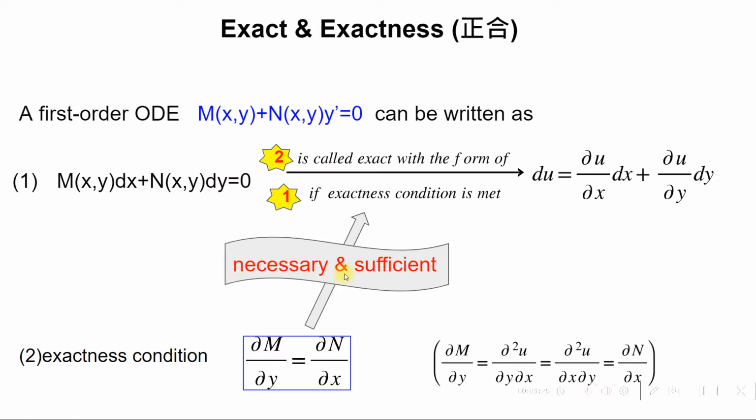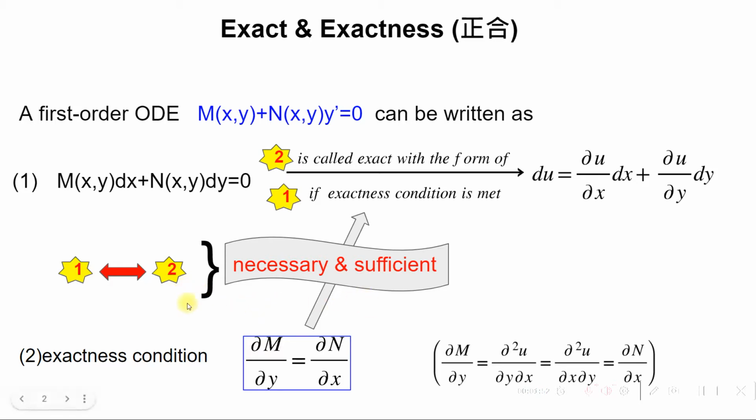A necessary and sufficient condition means that if statement 1 is true, then statement 2 is also true. Likewise, if statement 2 is true, then statement 1 is also true. So statements 1 and 2 are necessary and sufficient to each other.